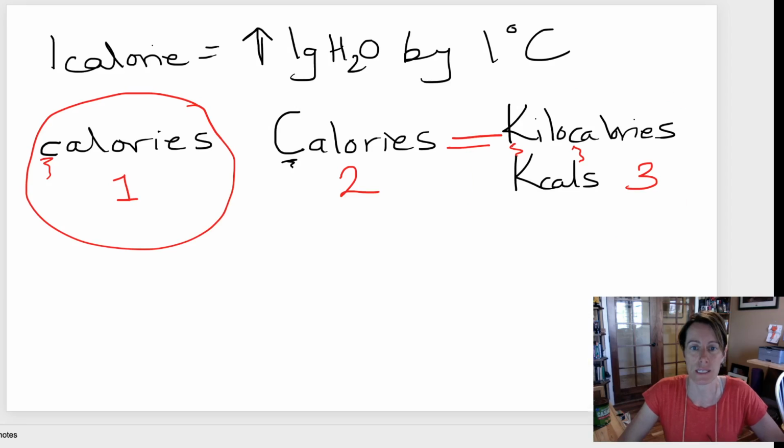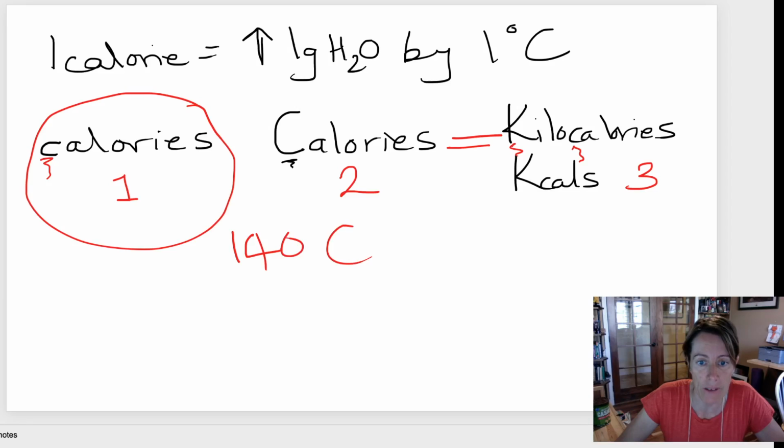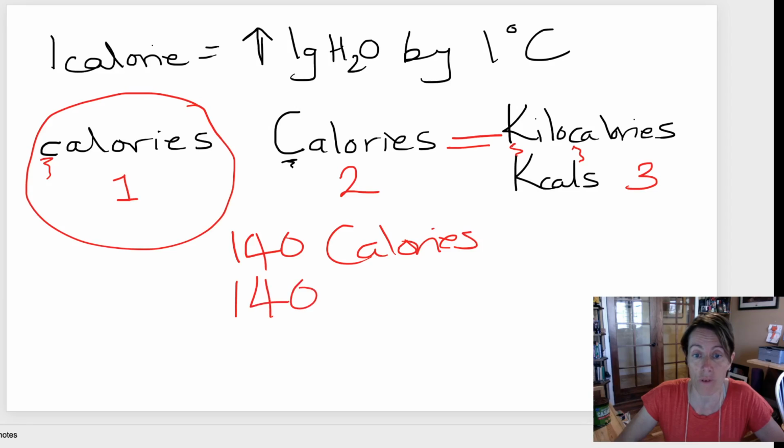These two things are the same. If I bought these cookies in America, it says they contain 140 Calories with an uppercase C. If I bought these cookies in Mexico or Canada or England, it would say they have 140 kcals.